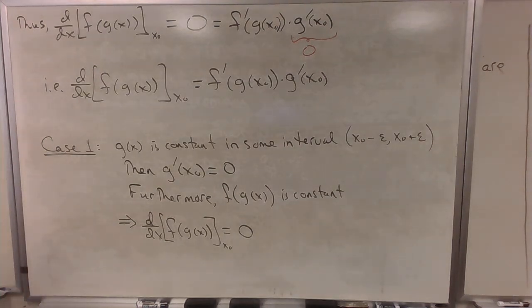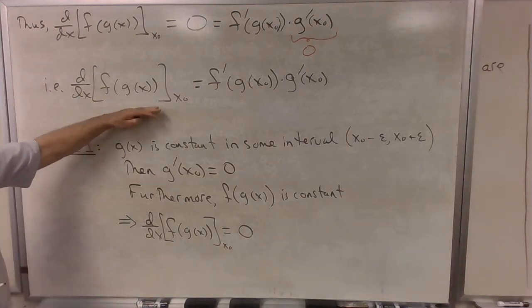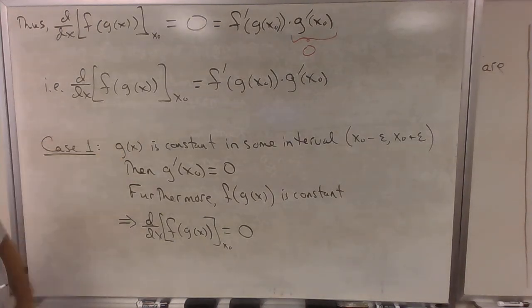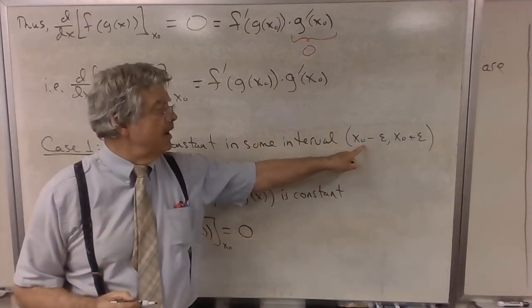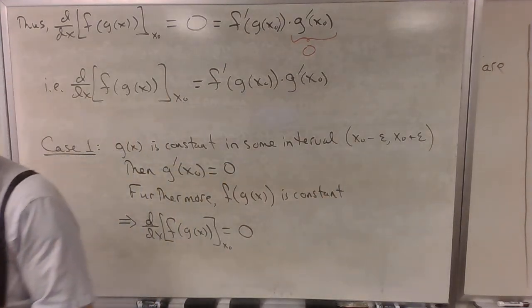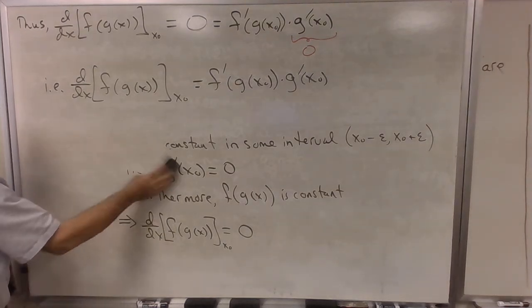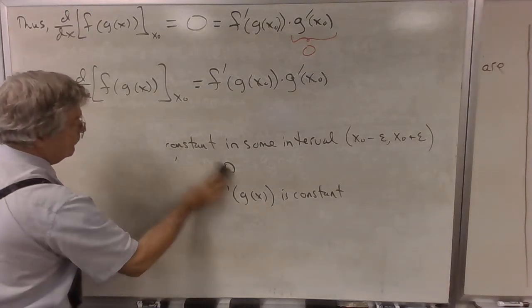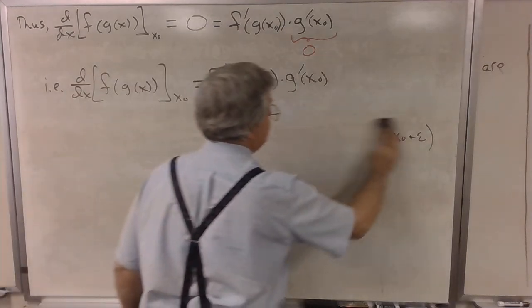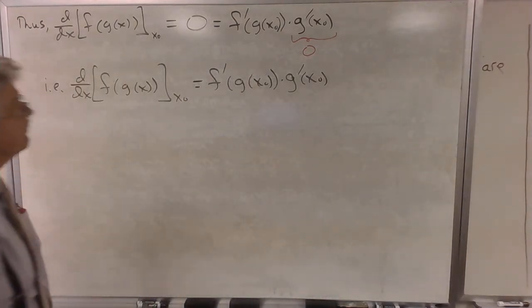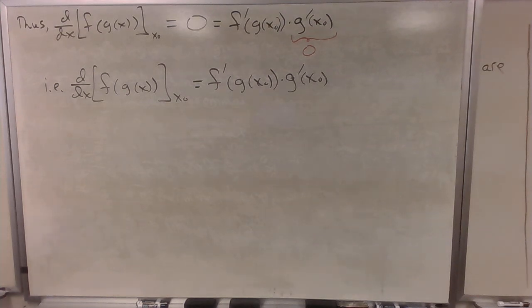So we proved our assertion when g of x is a constant in the immediate vicinity of x naught. I'll give you a couple seconds to look that over.